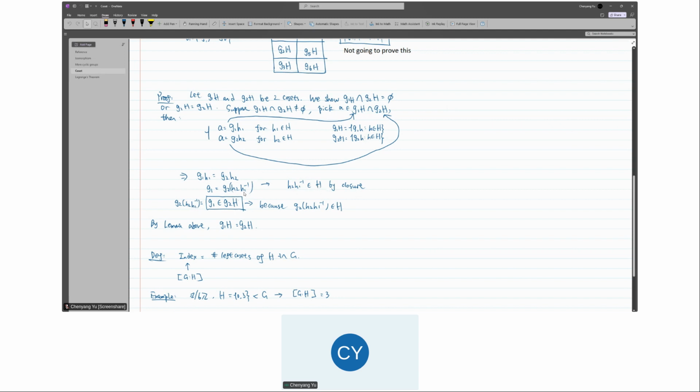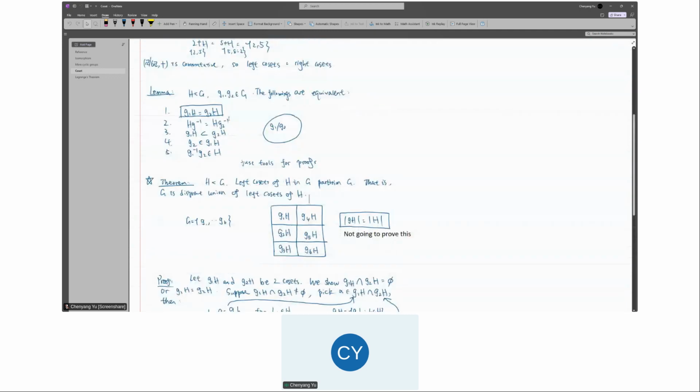So H2 times H1 inverse is in the group H. Because H2 times H1 inverse is in H, G2 times that must be in G2H, okay? So because G1 equals that, G1 is also in the coset, okay?